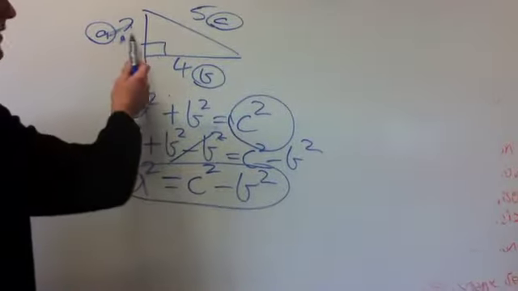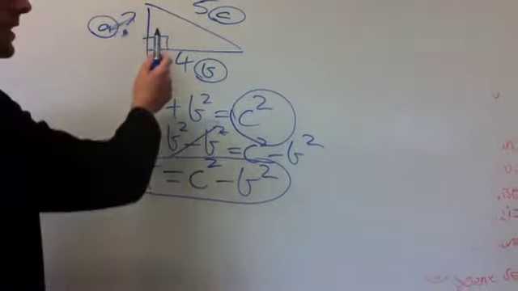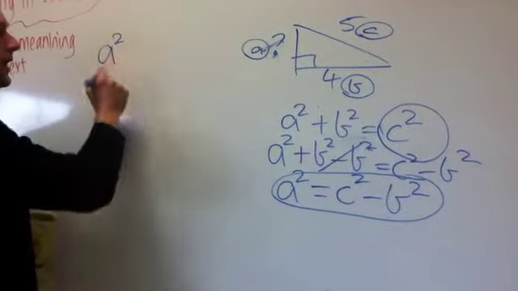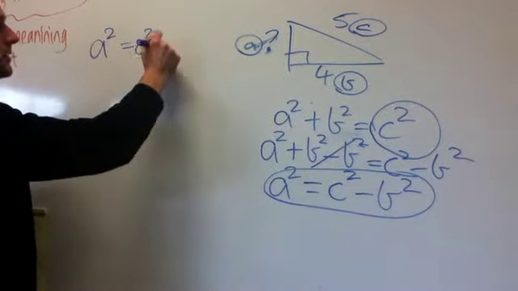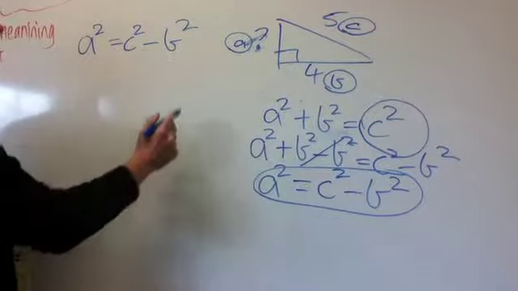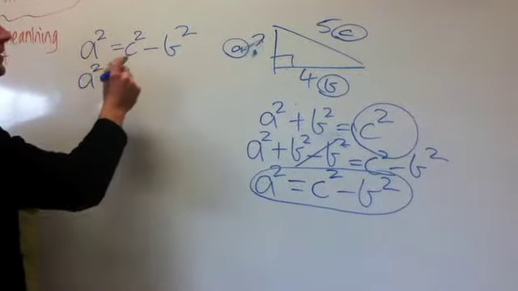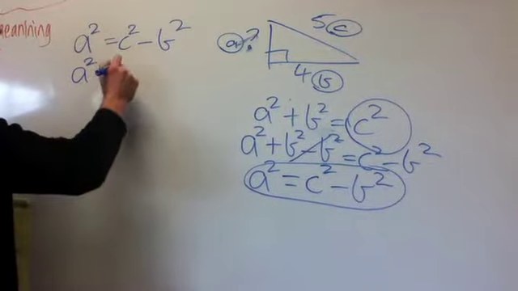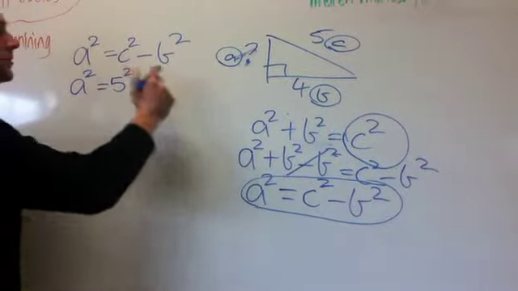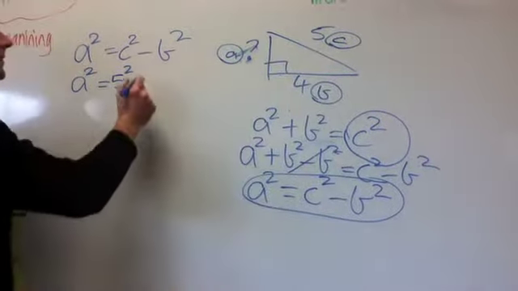Okay. For this problem here, how it would actually work is if we put our numbers into our formula, a squared equals c squared, take b squared. We put our numbers in. a squared is what we're trying to find. c squared, 5 squared from our problem over here.